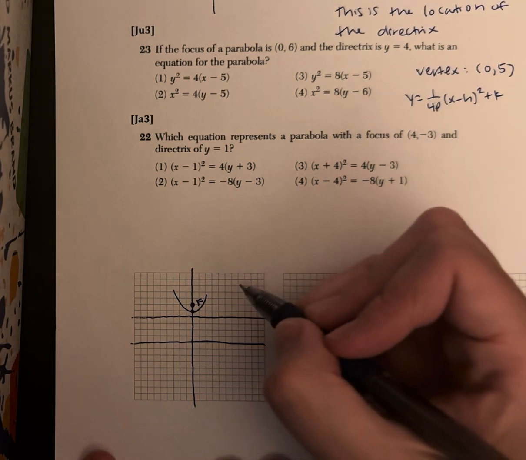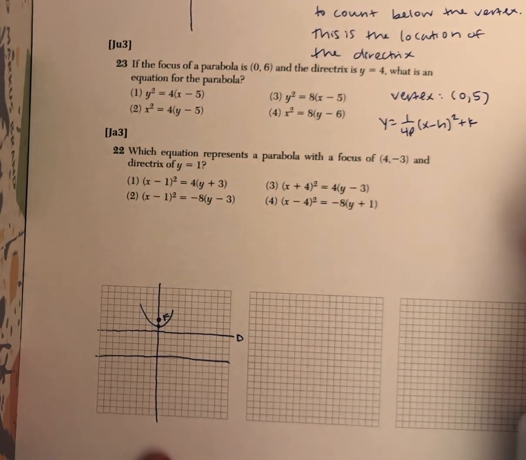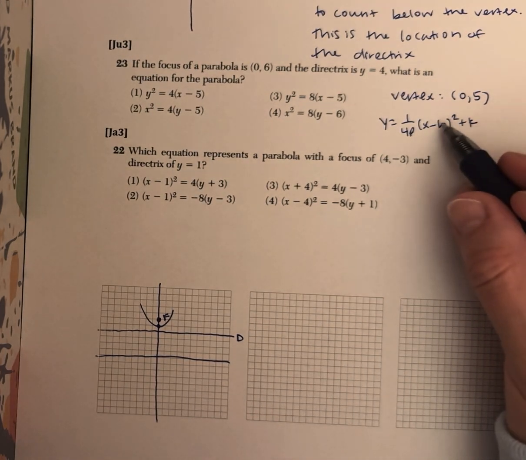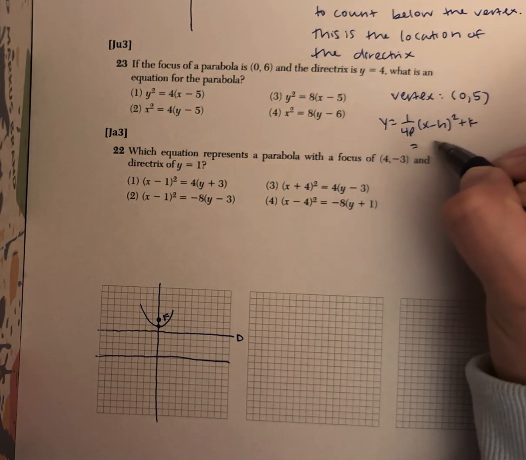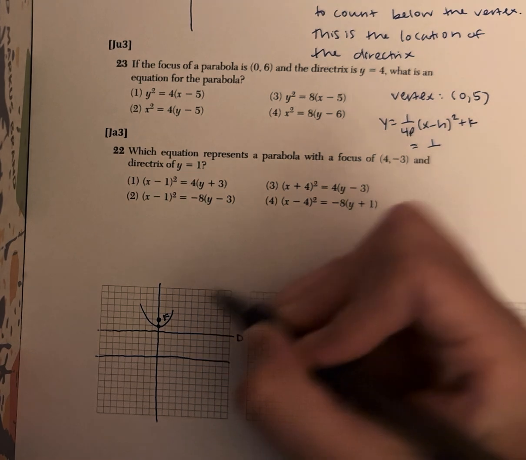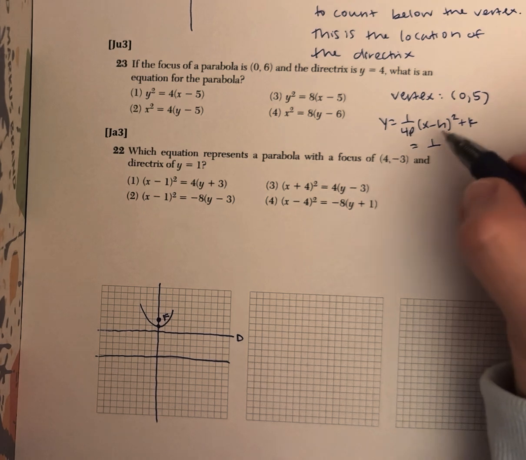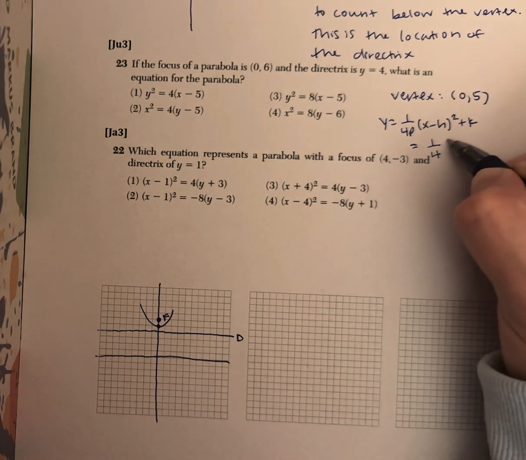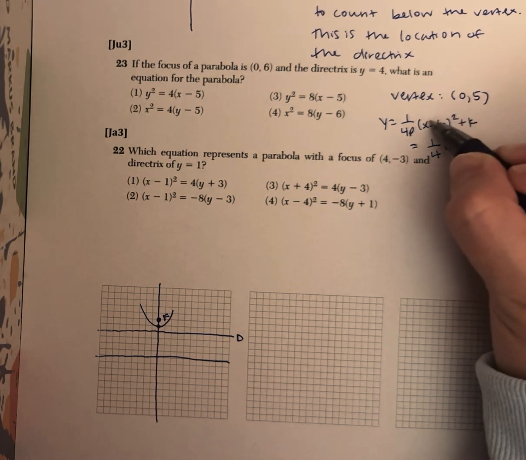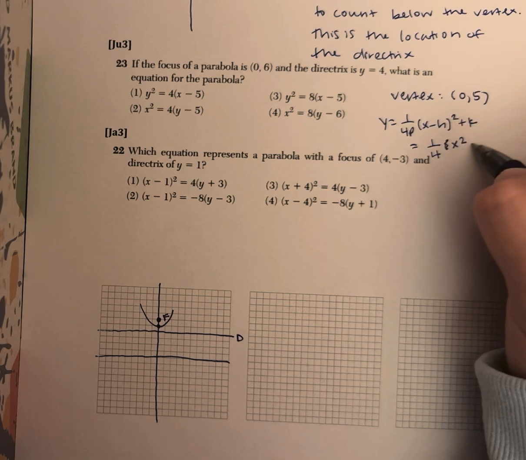All right, just jotted down the equation. So I'm going to be plugging in a 0 here. So I'm going to call it 1 over, so P, this distance is 1. So I'm going to do 1/4 x minus h, so x minus 0, that'll just be x, so x squared, and then plus 5.